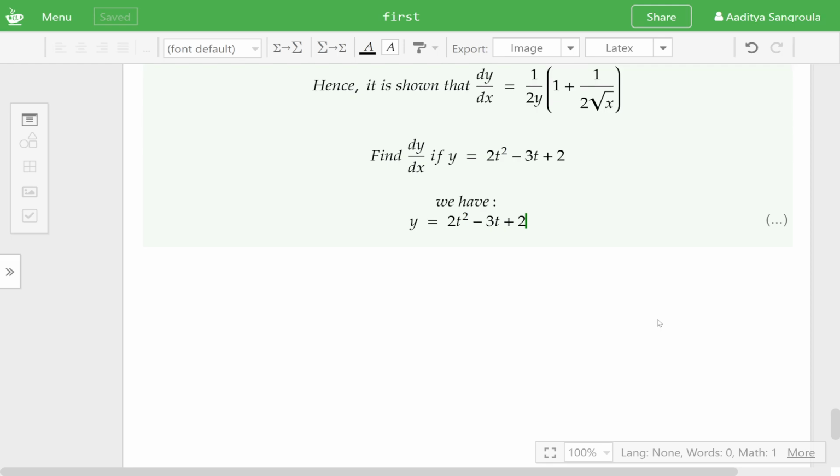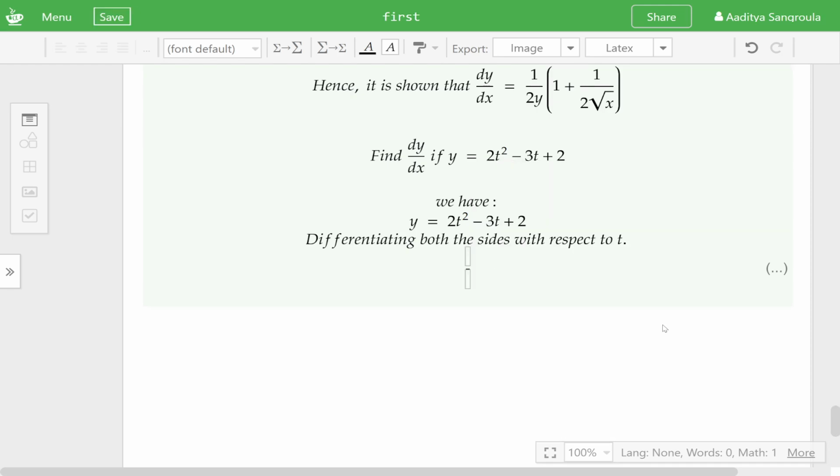And now, if we want to differentiate the function, we will need to differentiate it with respect to t, because t is the variable here.